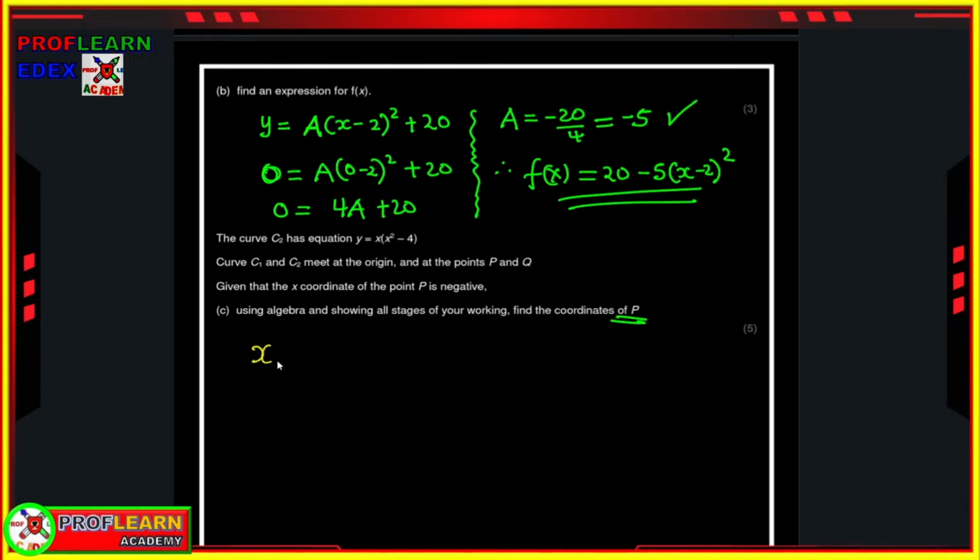So we are going to have x squared minus 4 equals 5 into x minus 2 squared.